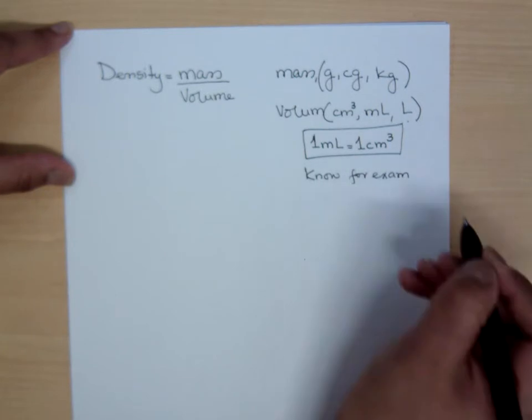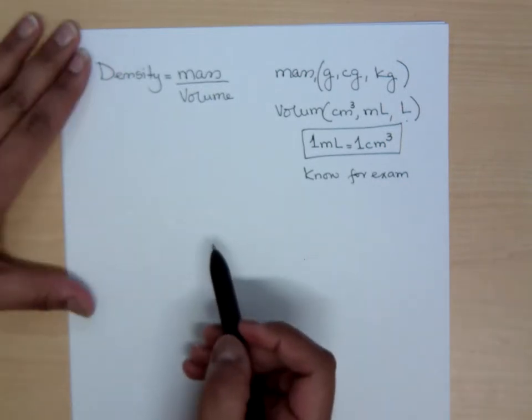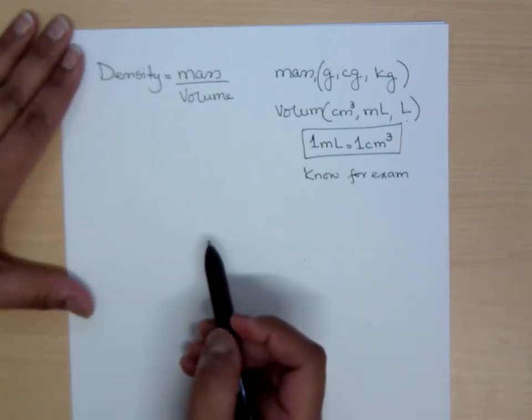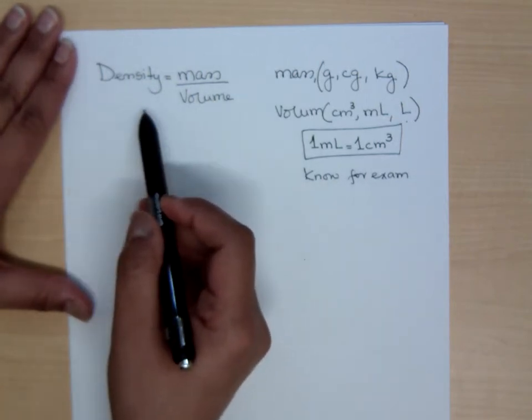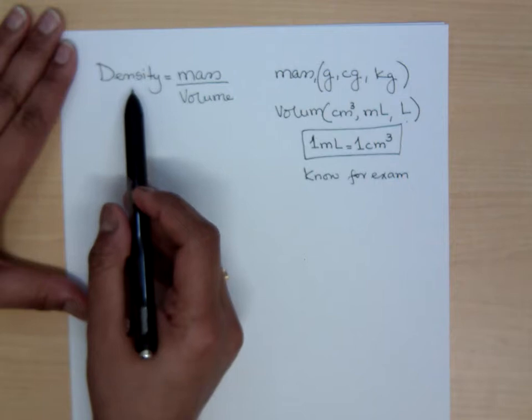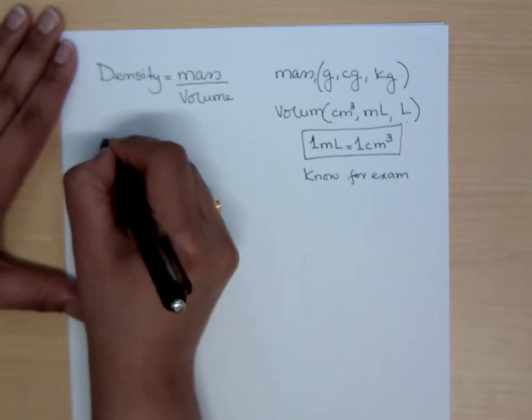Okay? So let's see what kind of variations can you get from a question that uses density. You could have something that wants you to find density. You could also have something where they might ask you to find volume.